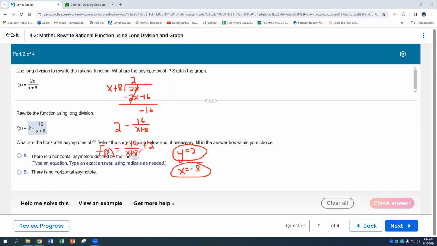And then when x plus 8 equals 0, when the denominator equals 0, that's your vertical asymptote. So when does x plus 8 equal 0? It equals 0 when x equals -8. So if we were to graph this, right, we would have a horizontal asymptote at 2.